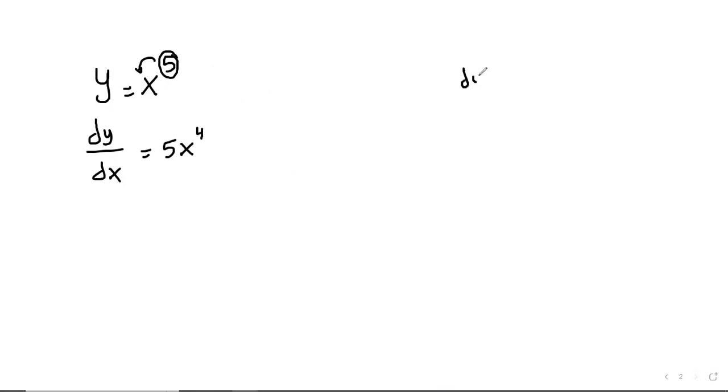What if we have dy over dx, which is 5x to the power of 4, and I want to get the original function? So we write it as dy equals 5x to the power of 4 dx. We did cross multiplying. Then integrate the two functions.